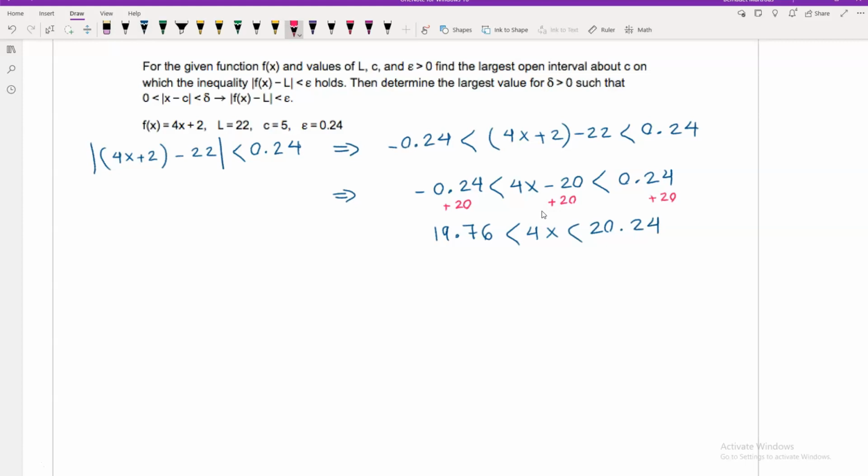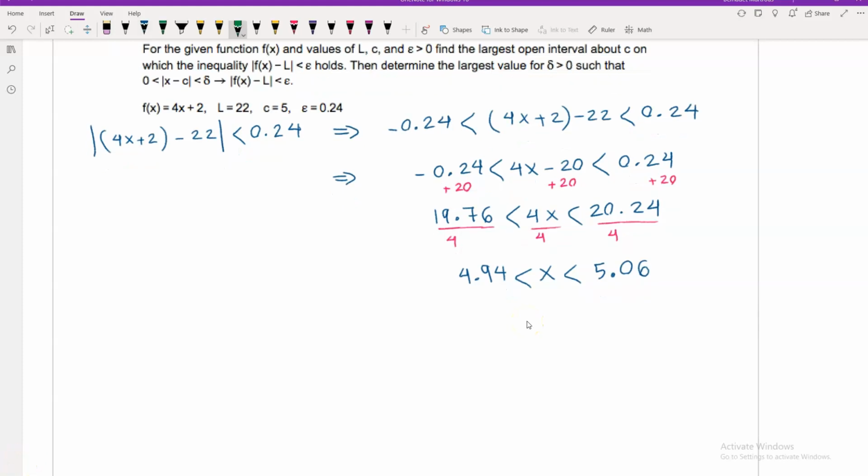Next step, we have to divide all of these by 4. So x is between 19.76 divided by 4, which is 4.94, and 20.24 divided by 4, which is 5.06. So this is our interval.